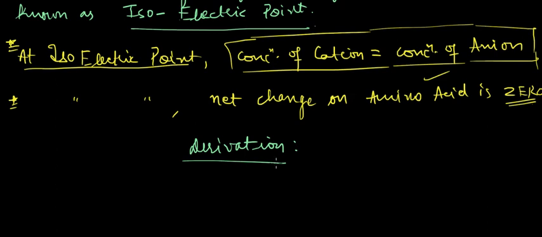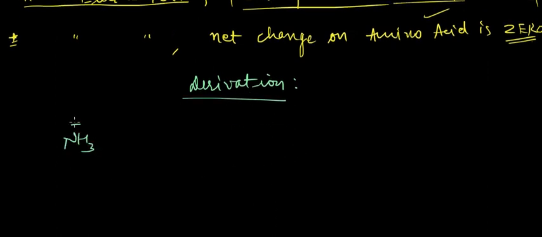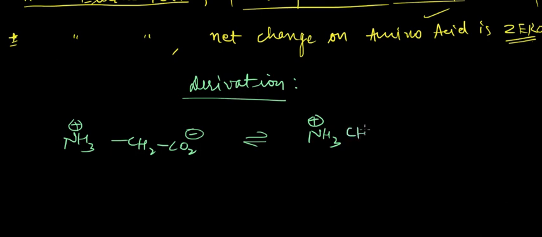We have the zwitterion with CO2 minus converting into a cation with CO2H. So we have CO2H here, CO2 minus is formed here, plus H plus.